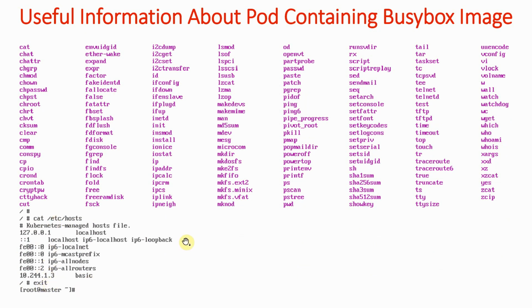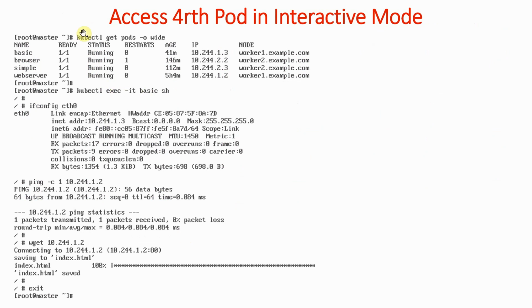Now we are going to exit. Now when we are going to specify kubectl get pods -o wide, it is showing all the pods are running. That means this was the first pod we created, this was the second, this was the third one, this is the fourth one, and it has been allocated 10.244.1.3, and it is running on worker 1.